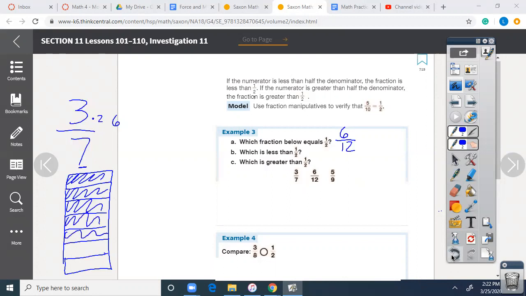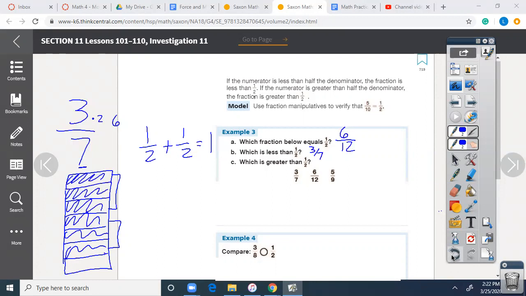So 1, 2, 3, but it doesn't fill in the whole thing, which means that 3/7 is less than 1/2 because you have extra. It's not quite 1 whole. 1/2 plus 1/2 should equal 1 whole. This 3/7 plus 3/7 equals less than 1 whole. So that means 3/7 is less than 1/2.